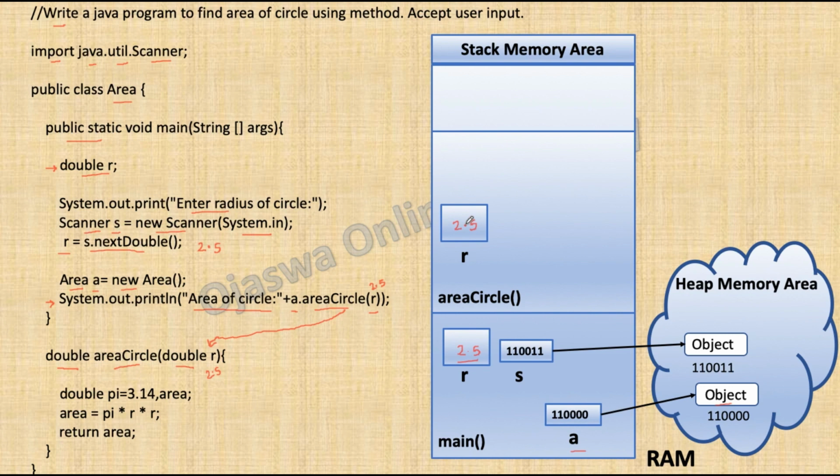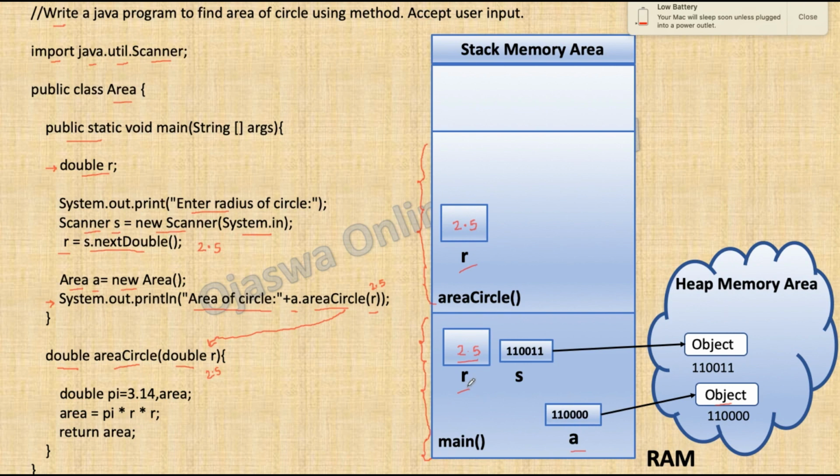Now here you need to understand there is separate section where the variables belonging to the main method are stored. So this is a section where variables belonging to the main method are stored. And there is a separate section where variables belonging to AreaCircle method are stored. So this section belongs to the AreaCircle. This R is different and this R is different.